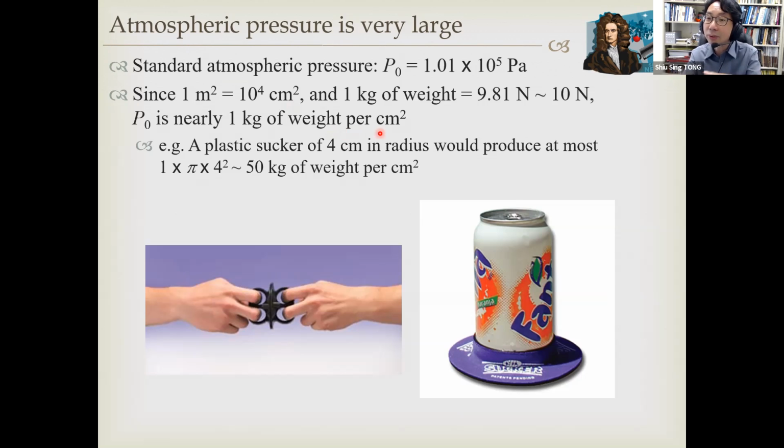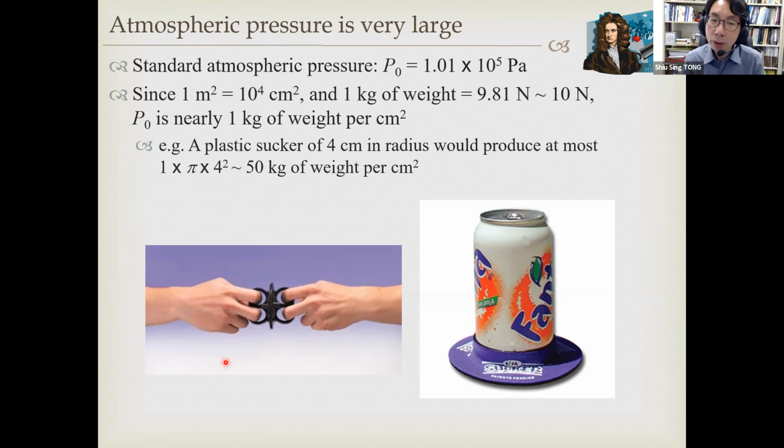So it's easy to understand how large atmospheric pressure is. If you have 1 centimeter square of area, the atmosphere acts on this area with a force equal to the weight of a 1 kilogram object. Okay, is that clear? So 1 kilogram of weight acts on 1 centimeter square of area.